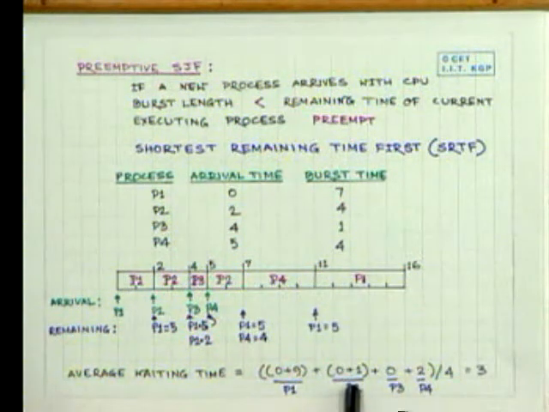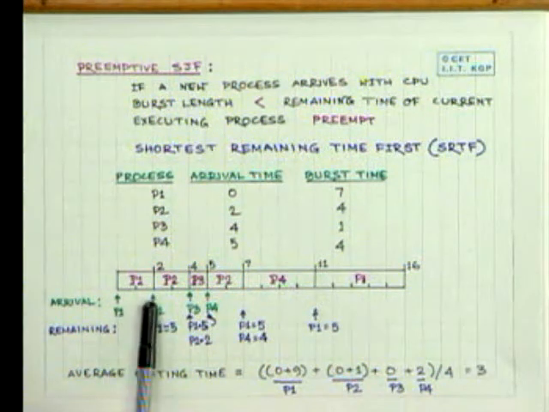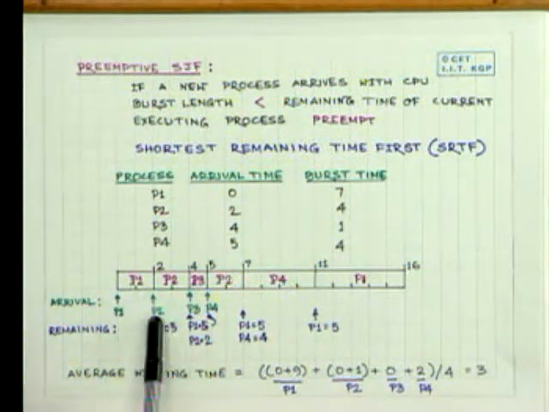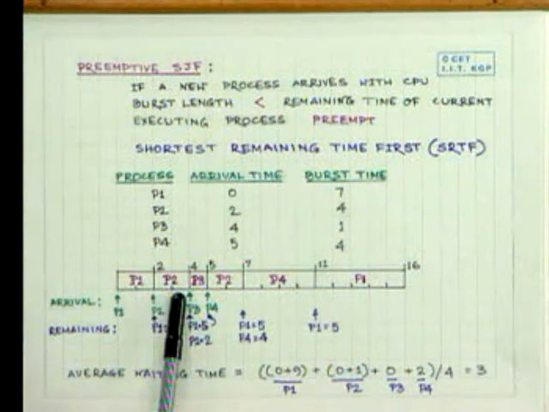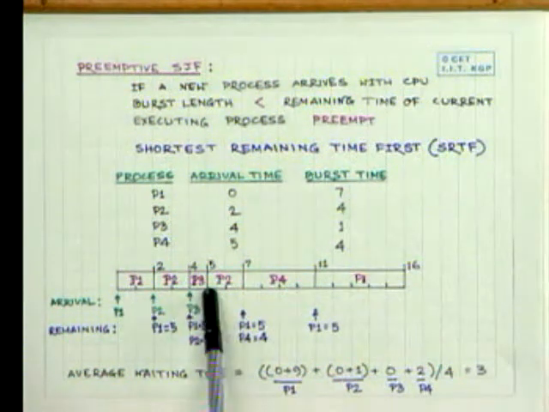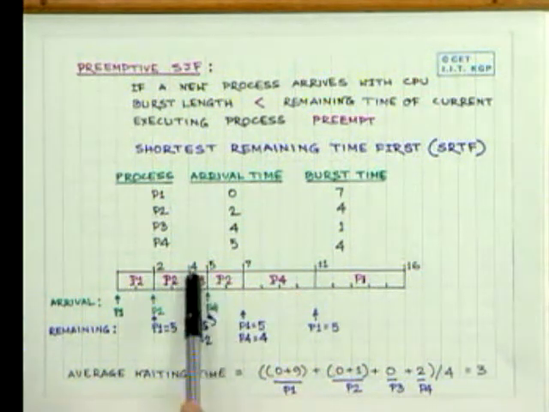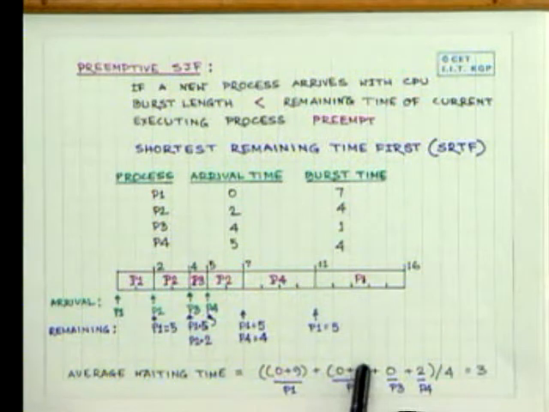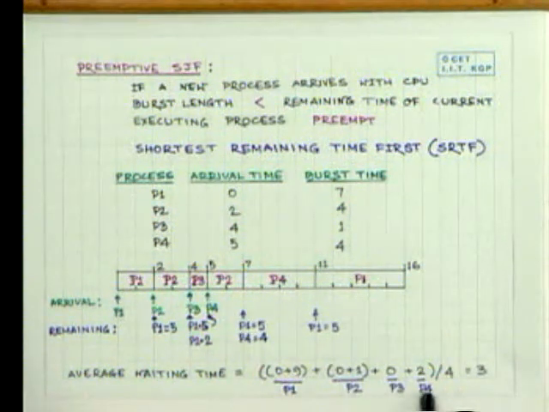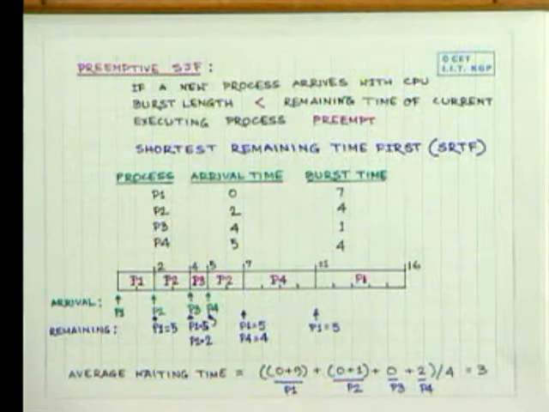For P2, it arrived here and got the CPU immediately, but it was preempted here and got the CPU again at 5 milliseconds. Therefore, it is 5 minus 4, which is 1 millisecond. Similarly for P3 and P4, and the average waiting time for P1, P2, P3, P4 turns out to be 3.